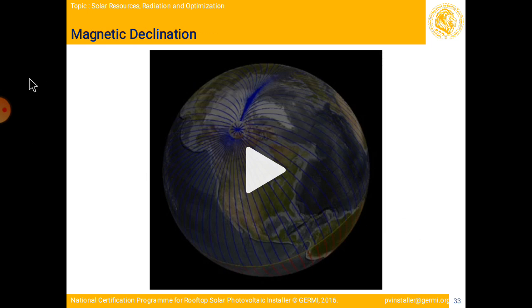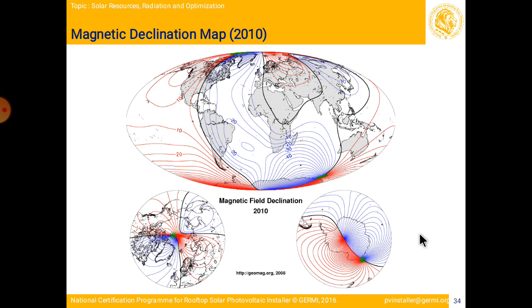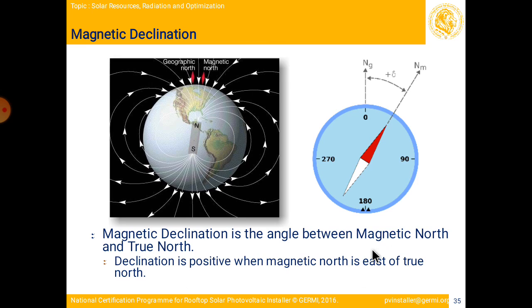Now this is the magnetic declination. Magnetic declination is shown in this map. You can see that this is the universal magnetic declination, taken in 2010. Declination is positive when the magnetic north is east of the true north. You can see the north and south, and suppose we draw a straight line from this side, this is the declination shown over here.